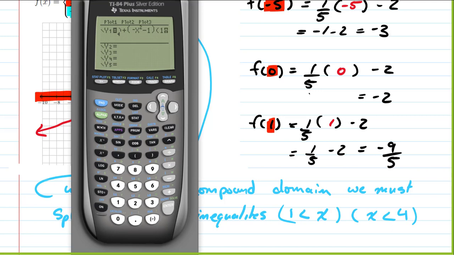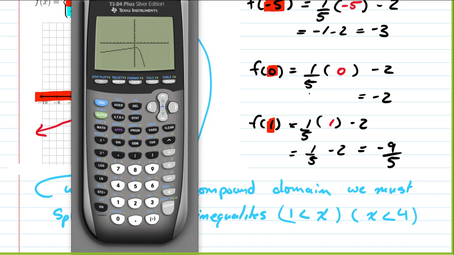So 1, math is less than x, close our parentheses, and then new parentheses, x is less than 4. So now when we graph, we get something that looks like this. And we get a nice graph of our piecewise function.